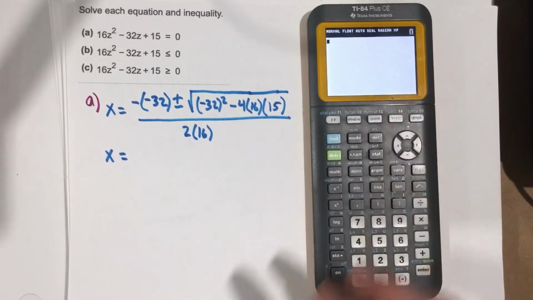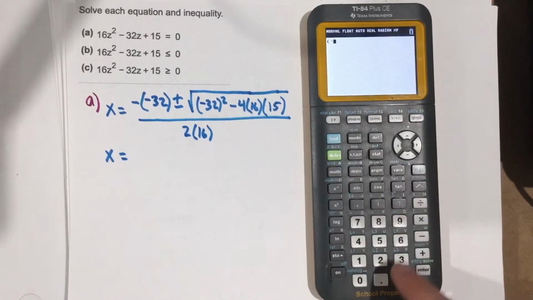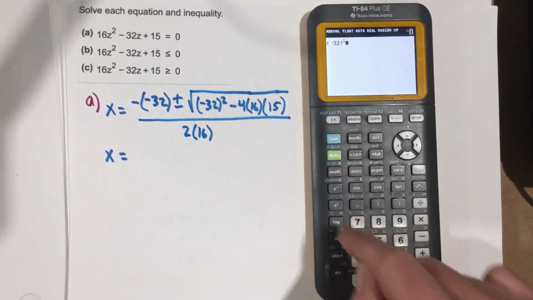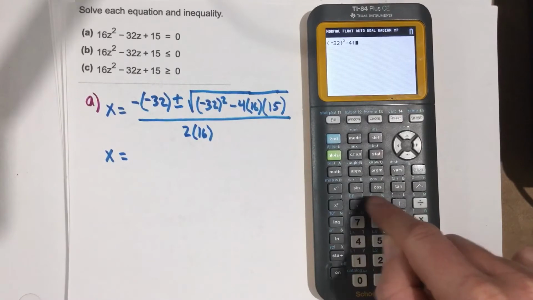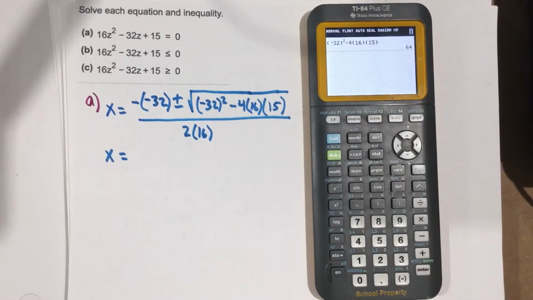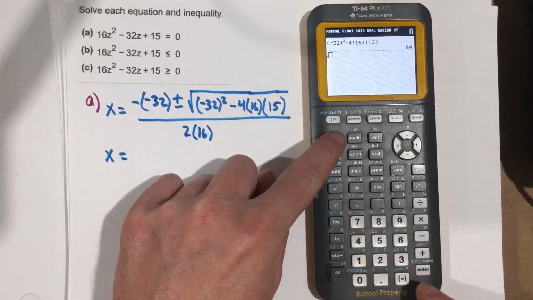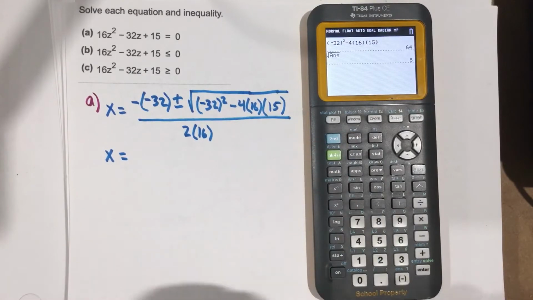Okay. We're going to go inside the square root, we're going to say negative 32. We're squaring it, minus 4, and I'm writing it just how it is, 16 times 15. Hit enter. 64. And then I need to take the square root of 64. And we know that's going to be 8.